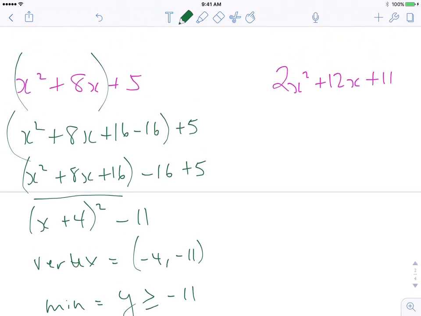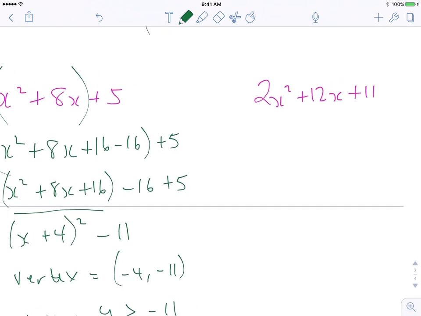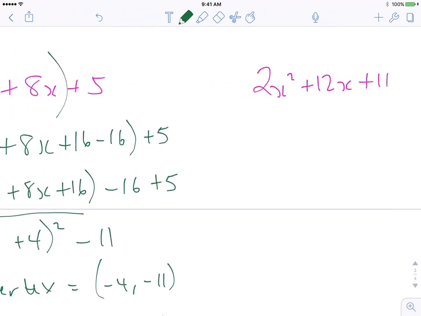And this one's a little bit more challenging, so hopefully you got a handle on this one. Now we have to group the first two terms. Again, we've done that, but we want to create a perfect square trinomial in the brackets. And in this case, the a value is 2. We want to GCF that.